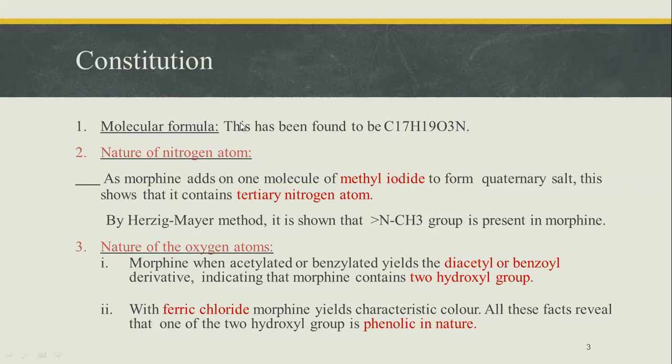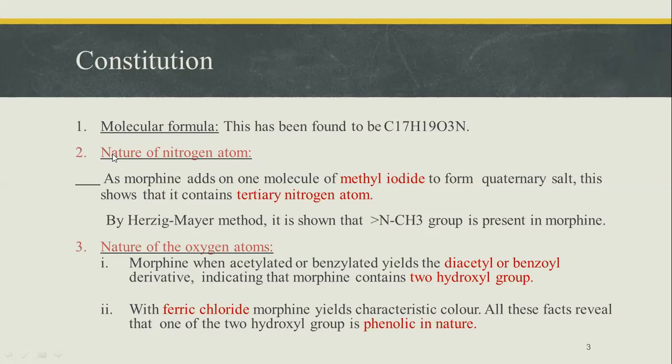After finding out the molecular formula, we have to know the nature of the functional groups. Here we can see that there are 3 oxygens and 1 nitrogen. So we have to find out the nature of the functional groups in which the oxygen and nitrogen are present. Here we have only 1 nitrogen, that's why first we shall see the nature of the nitrogen.